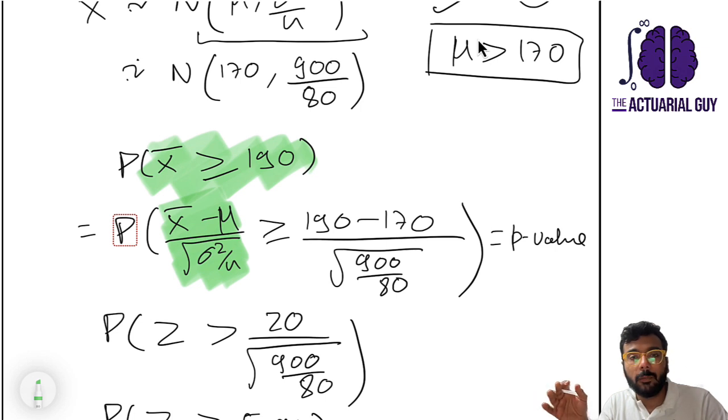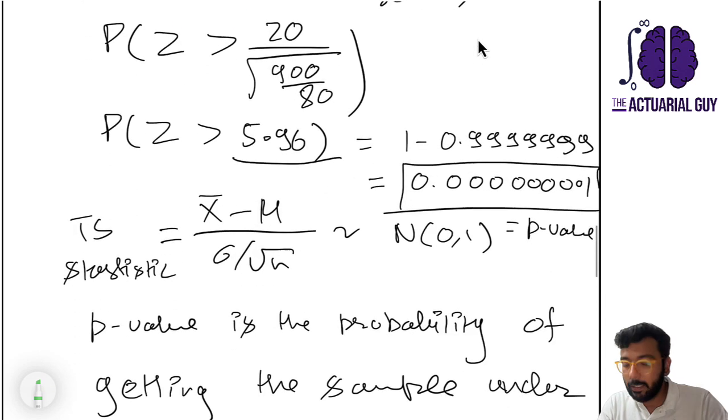What is the probability of getting a sample like that? That's the p-value, and that seems to be very unlikely, so we are able to reject the null hypothesis. The null hypothesis is definitely not true, because otherwise this would have never happened.